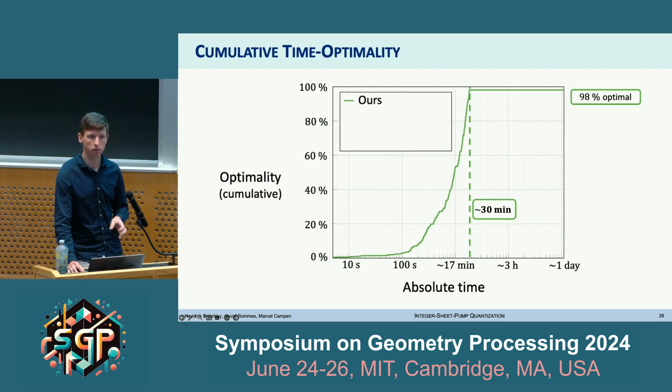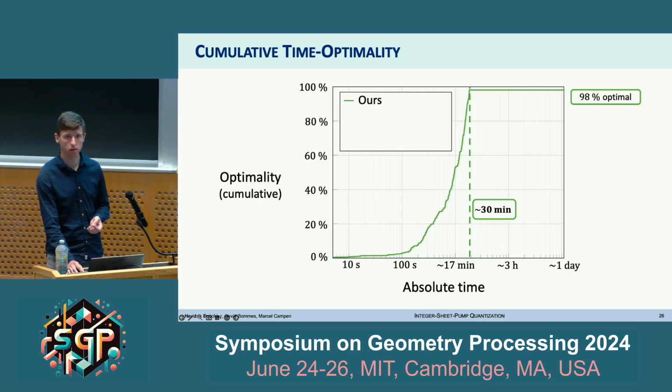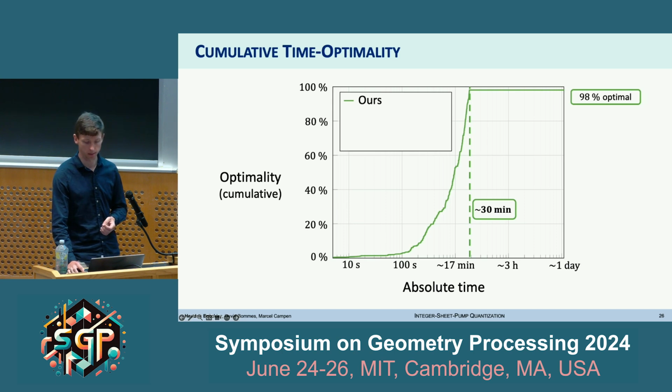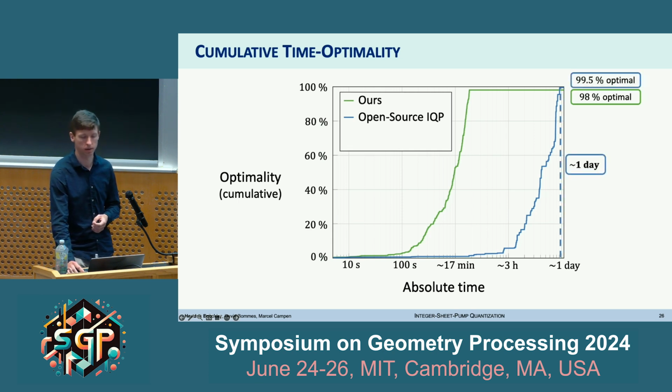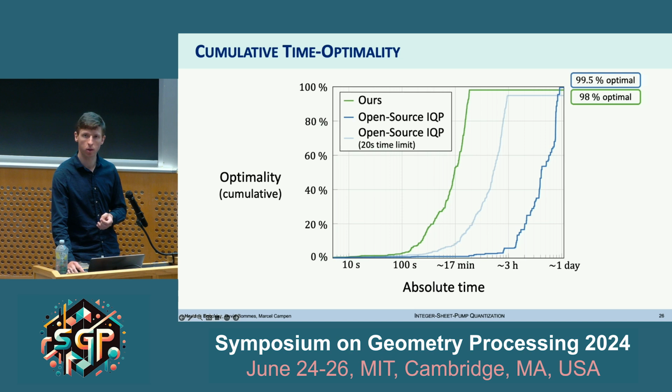Because the branch and bound integer solver will generally spend large amounts of time to prove optimality of the solution, we allow it to stop before reaching full optimality. But even so, it takes the solver almost an entire day to finish the whole data set. Its final optimality is slightly higher than ours. If we instead employ a time limit of 20 seconds for that solver, processing time does go down, but so does the optimality. So our method surpasses this configuration in both terms of speed and optimality.